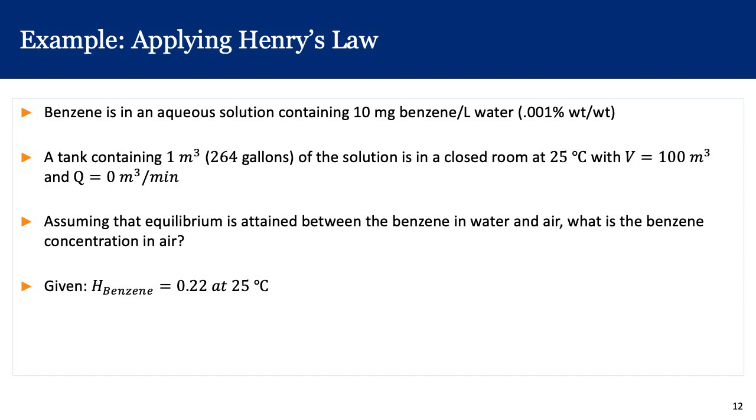Let's also assume that the room has no airflow through it, so Q is 0 cubic meters of air per minute. We will assume that equilibrium has been attained between benzene and water and benzene and air. What is the benzene concentration in air? We are given the Henry's law constant for benzene in air and water as 0.22 at 25 degrees Celsius.